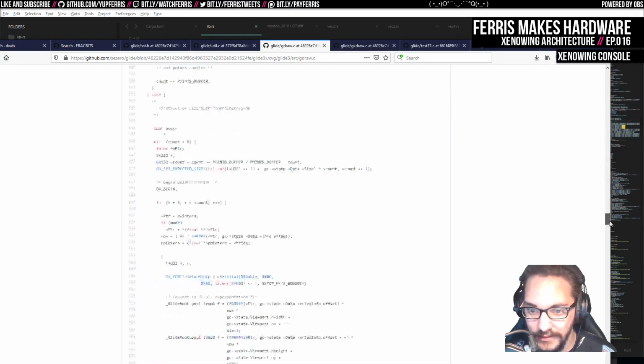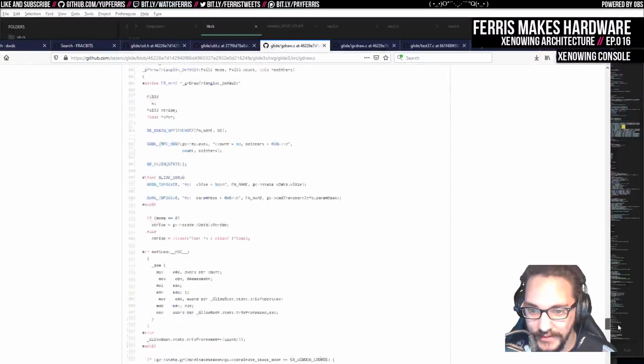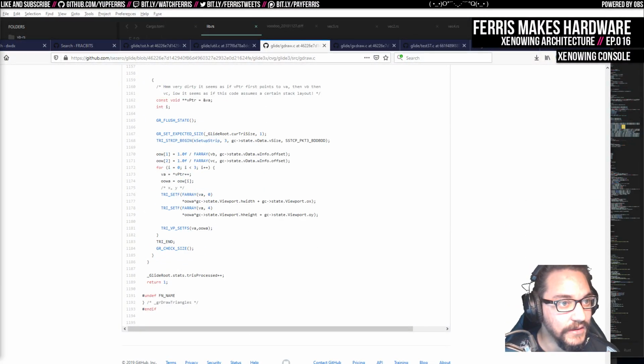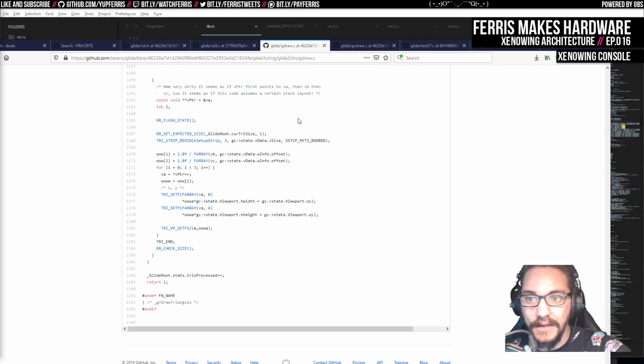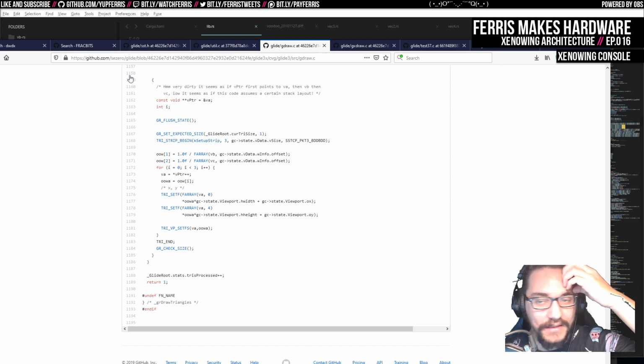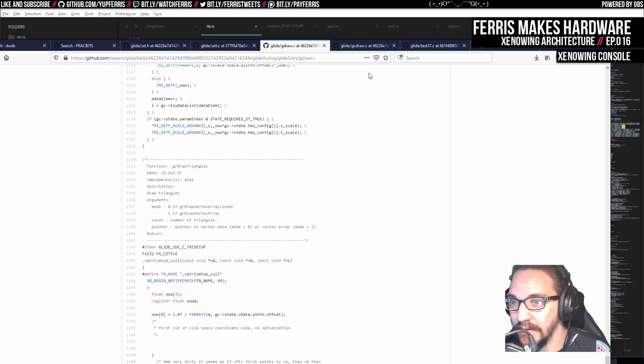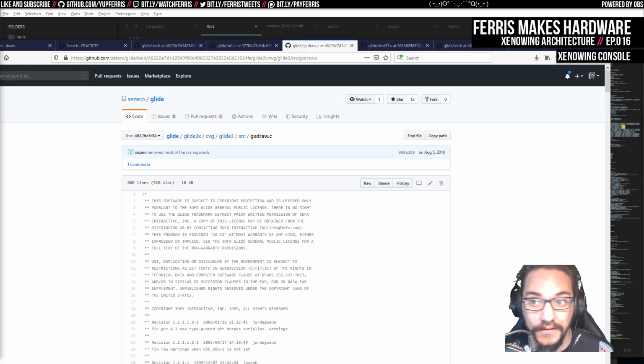How? Okay, somehow my search is borked. No, that's just straight up not here. Wait, glide 3x. SST1 glide source draw. Okay, maybe I'm just in the wrong version of this or something. I'm going to go to that file.